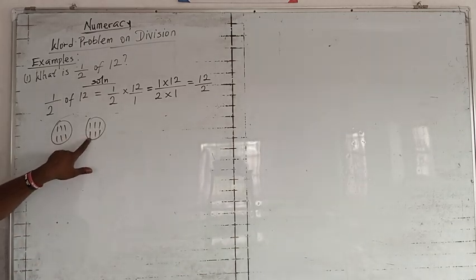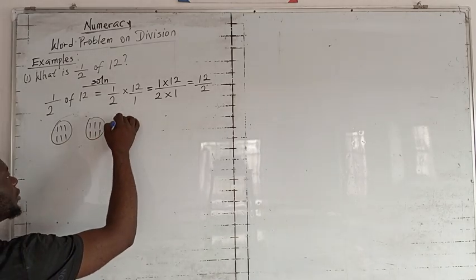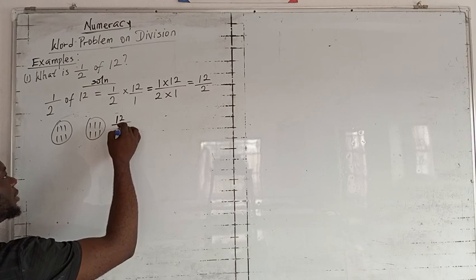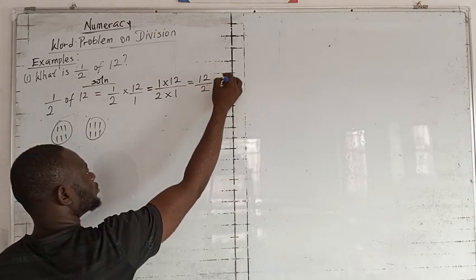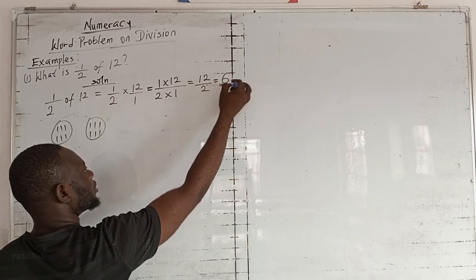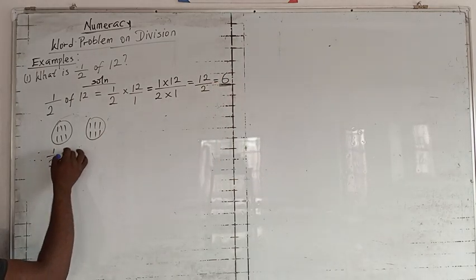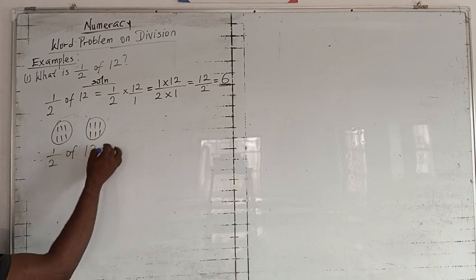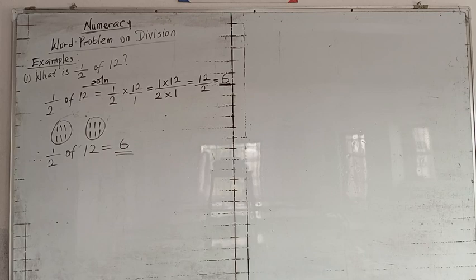Meaning that 12 divided by 2 is 6. So we can now say that therefore half of 12 is 6.